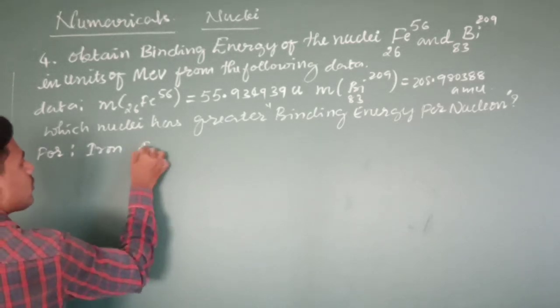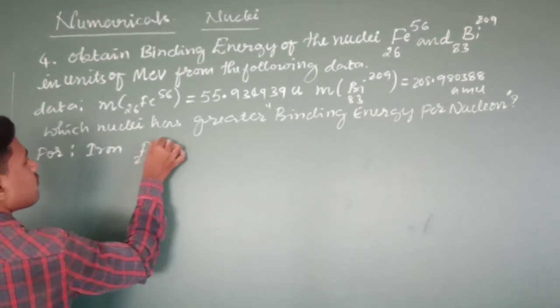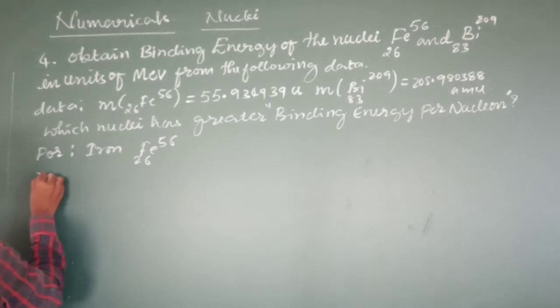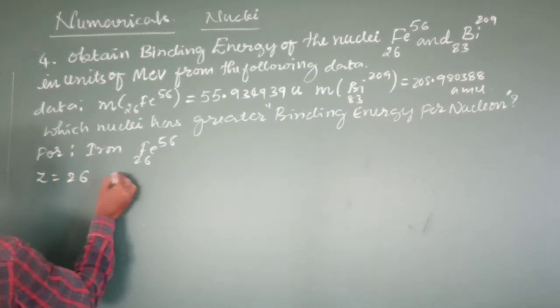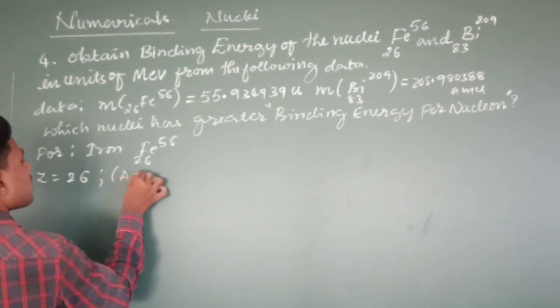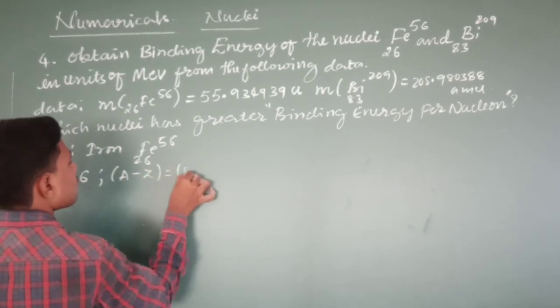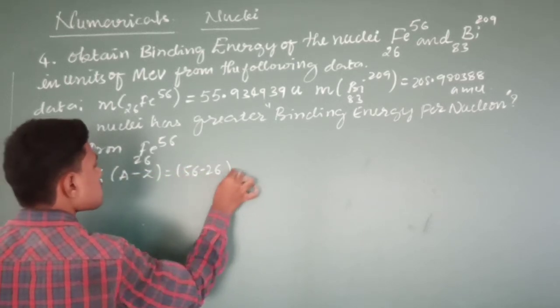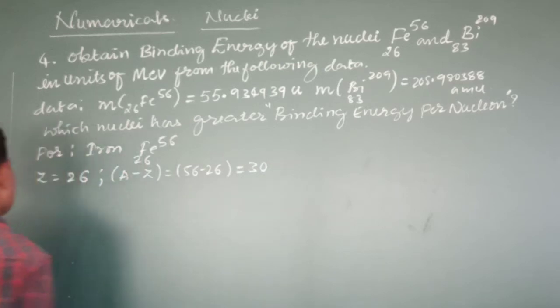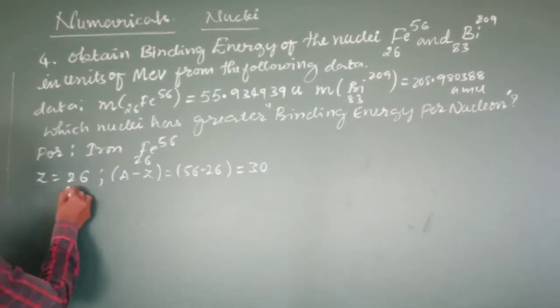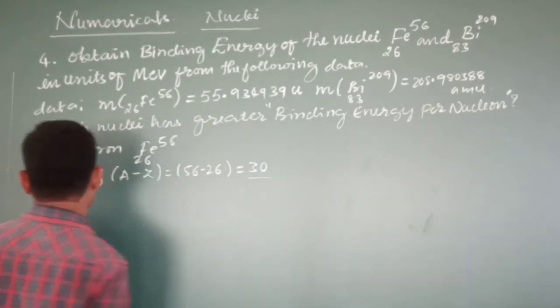For iron, Fe-26-56, Z is equal to 26, and A minus Z, 56 minus 26, is equal to 30. There are 26 protons and 30 neutrons.